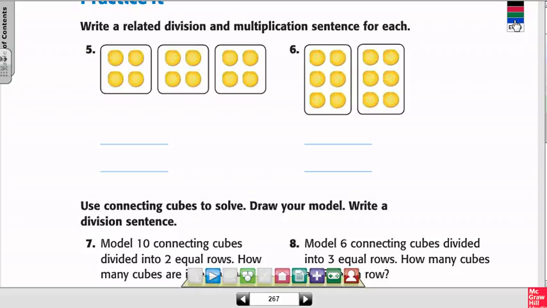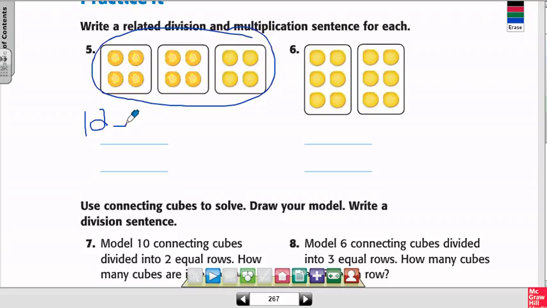Now look at 5 and 6. We're working on this together. It says write a related division sentence. Well, how many counters do I have all together? 12.